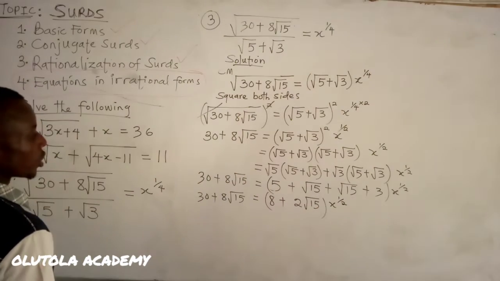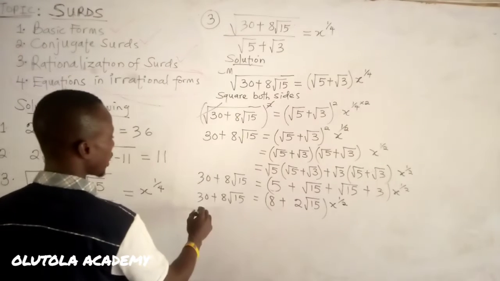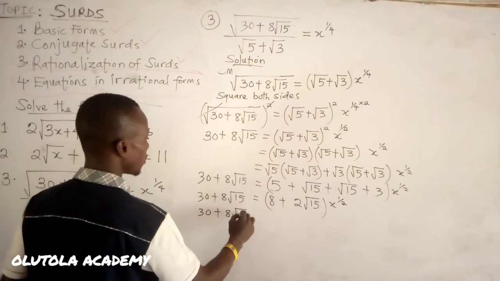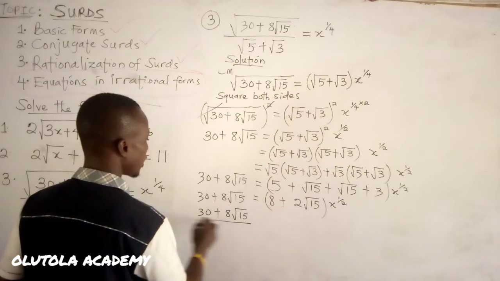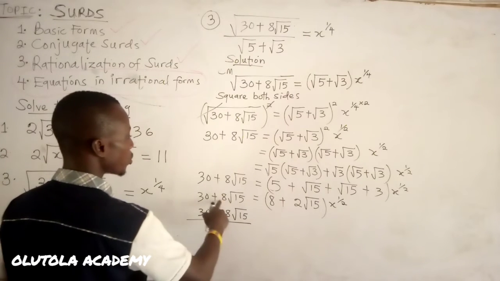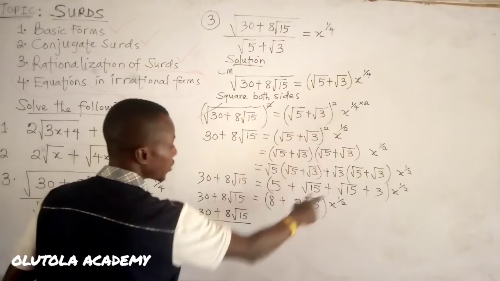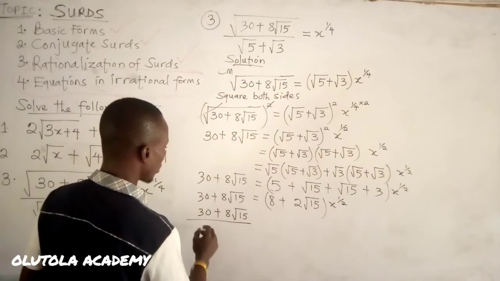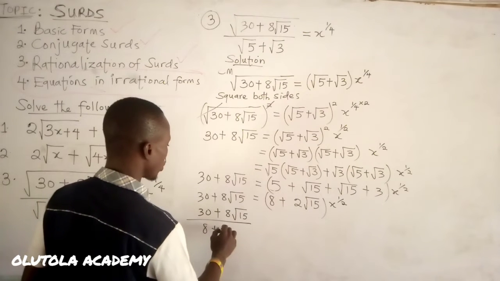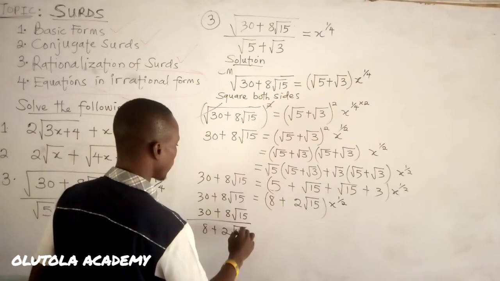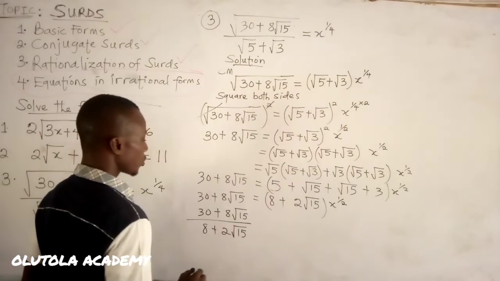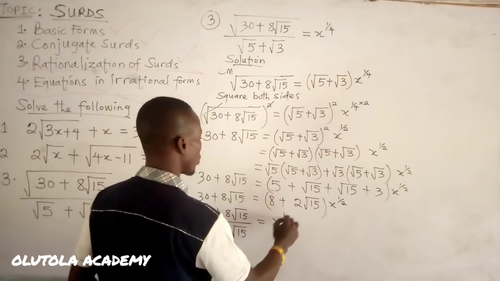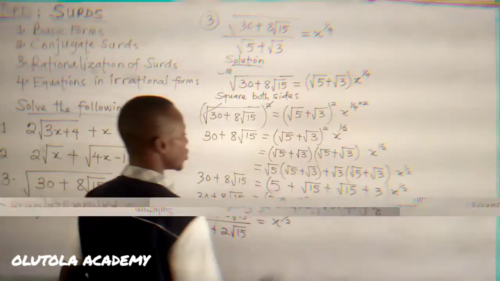Going on next, we have 30 + 8√15, divided by, we divide both sides to clear this out of here so that x^(1/2) will be left alone. We have 8 + 2√15, so equals x^(1/2).